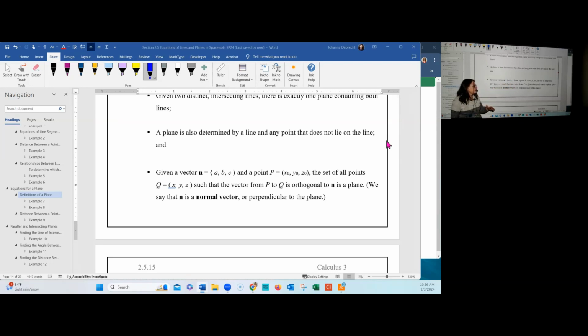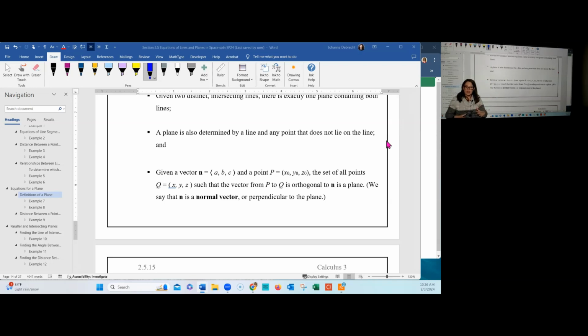Now, what does that mean? Take a point in space and say that if I draw from point P to all these points Q, all of those lines are perpendicular to n. So basically, what we're saying is that the normal vector to the plane and a point in the plane is enough to uniquely define the plane.